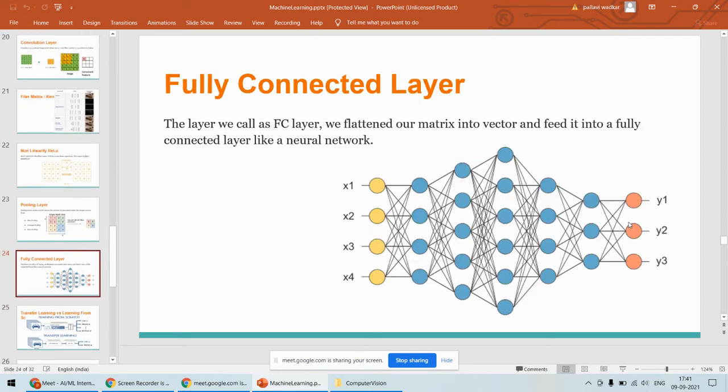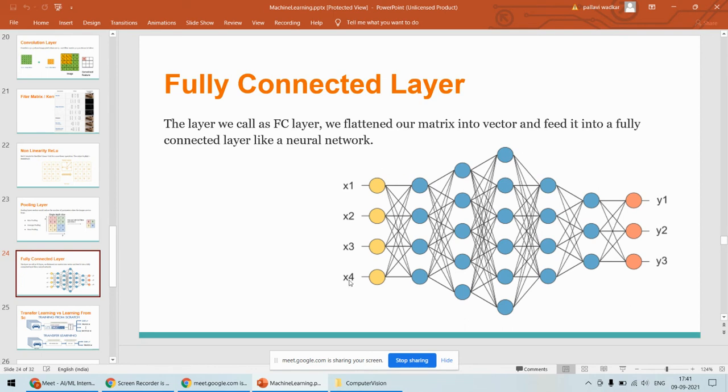Now here comes the fully connected neural network, or FC layer, or FCN. A fully connected neural network is all about neurons and perceptrons. These nodes are called neurons or perceptrons, and every neuron or node will have a weight plus bias value, and then there will be some inputs.